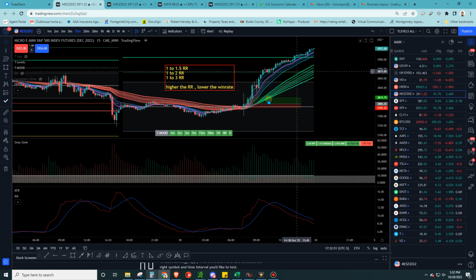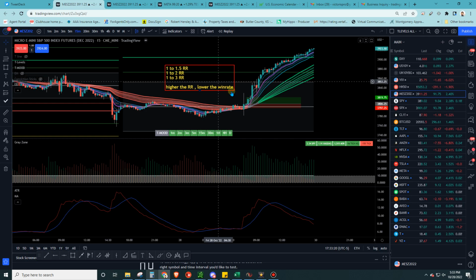But there are other entry points to get in as well. So this is how I do it. I like to trade somewhere between 1.5 and 2. If you go for the 3, just know that the win rate's going to drop. I like a higher win rate. So the lower your risk reward, the higher the win rate. You've got to find the happy medium for yourself to know when and where you feel comfortable taking on more risk for the lower win rate, because you're going to get stopped out more often.